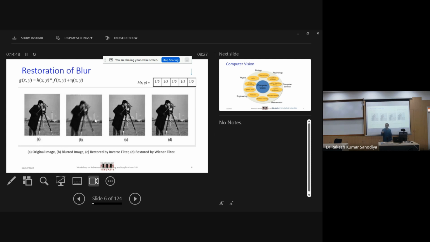Now when the car is moving, what happens? There is some exposure time in which the sensor looks at a small region and puts it as a value. In that exposure time, the car has moved by some extent. So instead of averaging a single region, it averages a set of regions while the car is moving, and then puts that as a value.